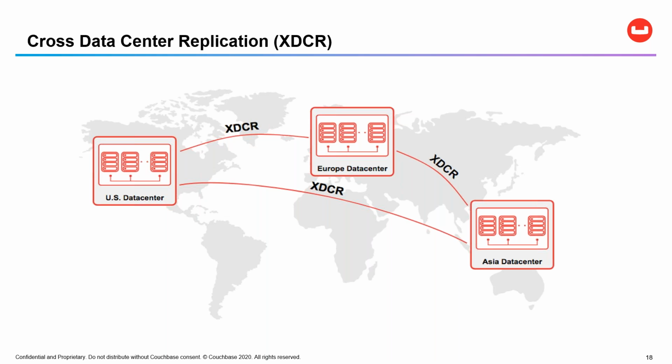The feature is highly configurable to allow for the optimal balance of replication based on any given use case. And in essence, you gain the ability to read and write locally and have the right data go to other geographies. So XDCR is highly performant, independently scalable, infrastructure agnostic, topology aware, and resilient. And it helps you meet those availability requirements for any application.